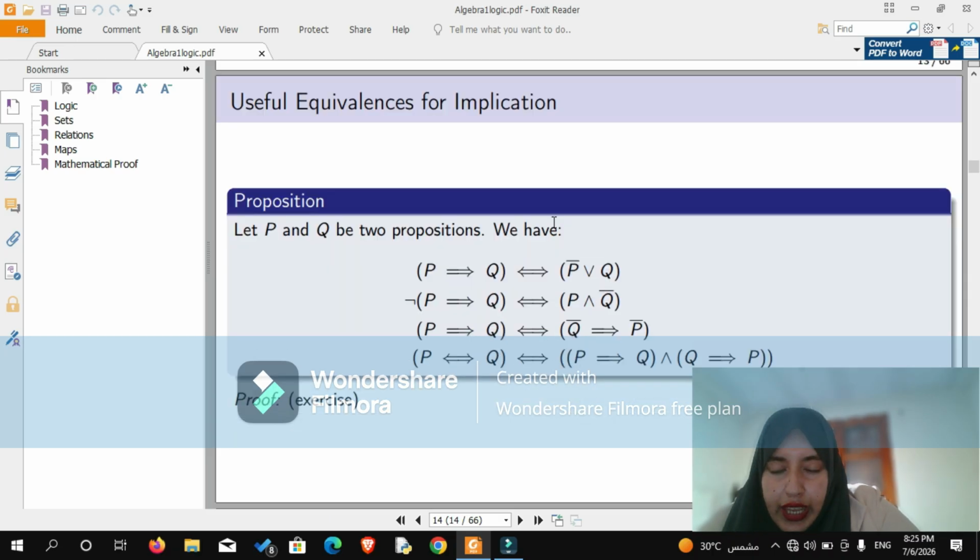Useful implications: P implies Q is equivalent to P bar or Q. Not (P implies Q) is P and Q bar. P implies Q is equivalent to Q bar implies P bar.